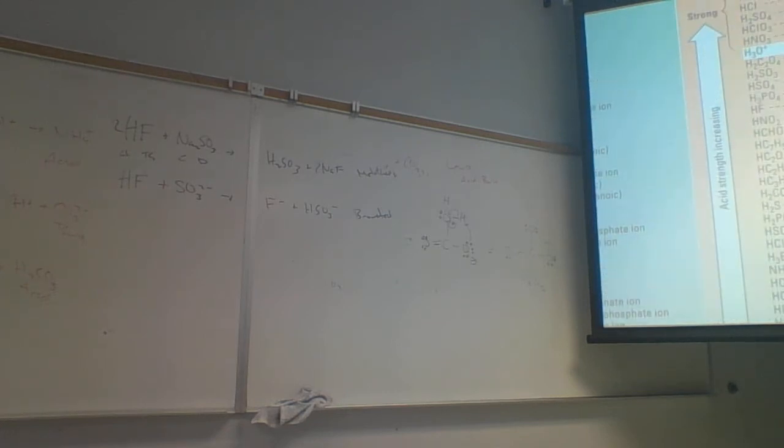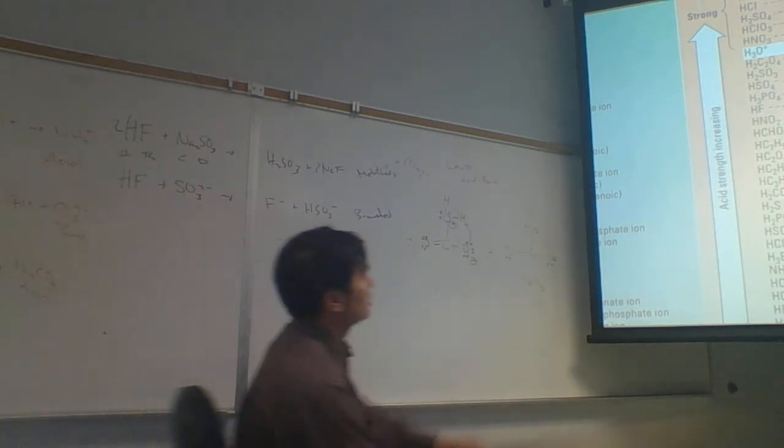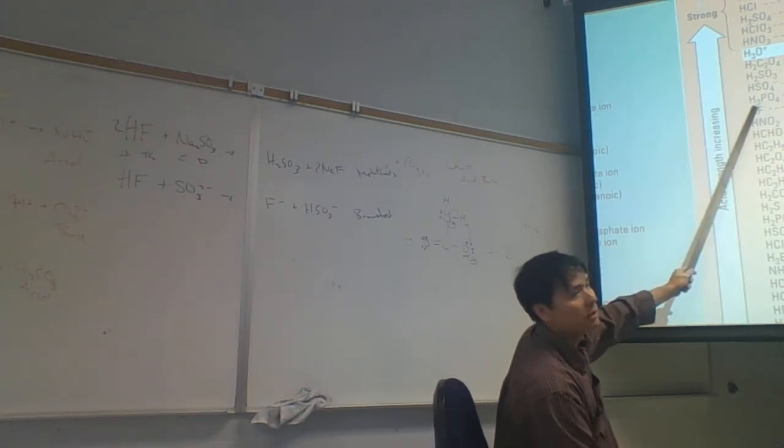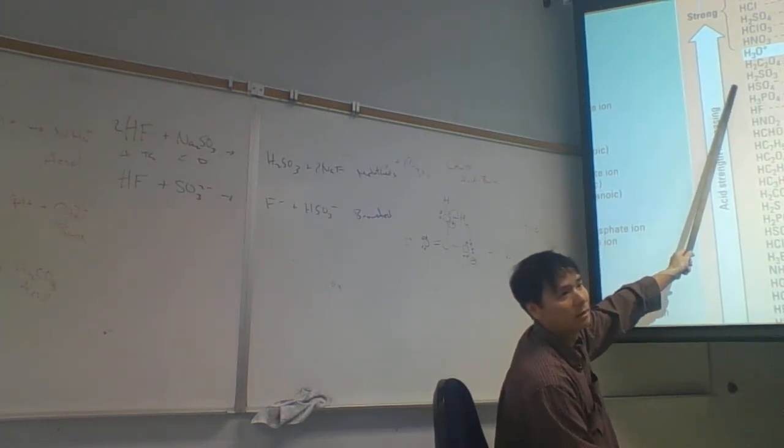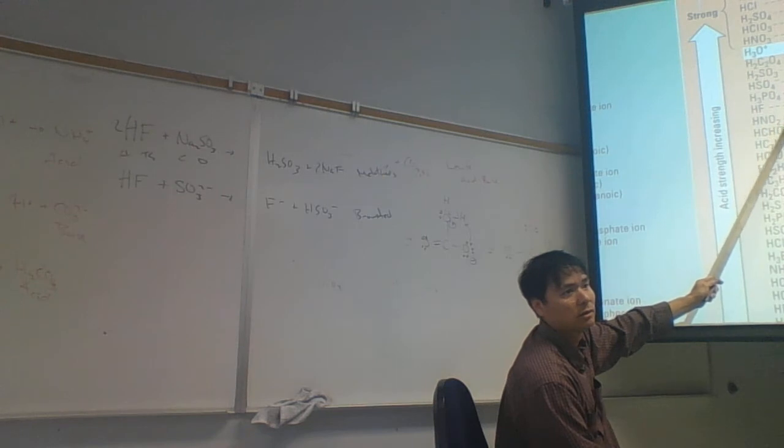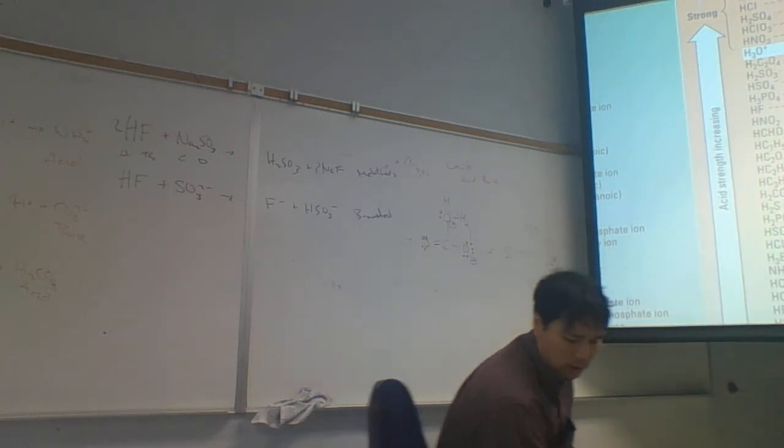Now, if I went all the way here, look at the top reaction, HF versus H2SO3. If I went all the way, H2SO3 is up here, HF is down here, which tells me that there should be no reaction.